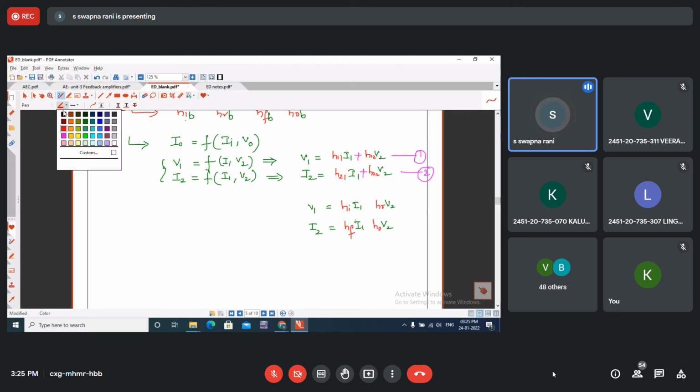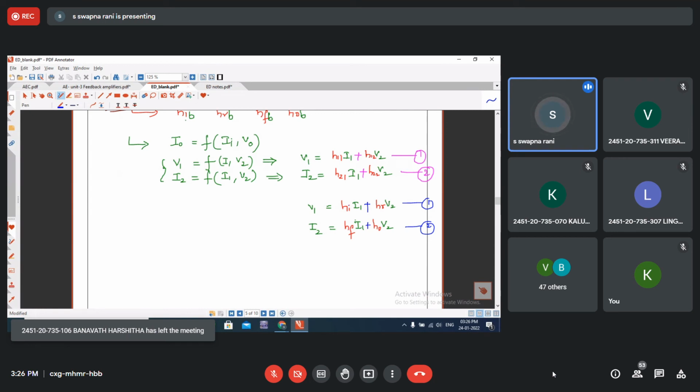So these are the equations pertaining to the transistor. In network analysis for some other circuit, we can use the same notation 1, 2, V1, V2, H11, H12, H21, H22. As we are applying these H parameters to the BJT, we will use this notation of H parameters: HI, HR, HF, HO. If you can understand how we have written these two equations, then you can easily draw the H parameter model.